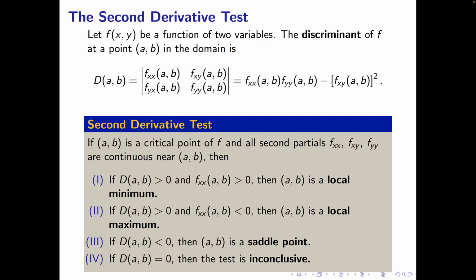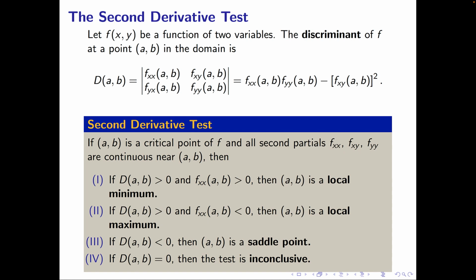If the discriminant is negative, then you will have a saddle point. A discriminant equal to 0 is an inconclusive test for the critical point a, b. Again, there are certain rules that we have to follow for differentiability, and having the second derivatives all be continuous as well.